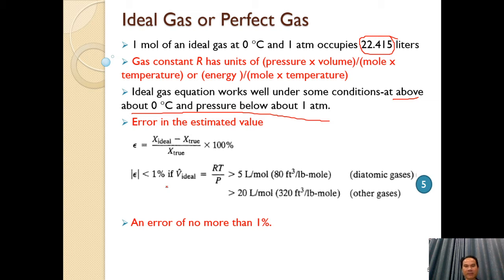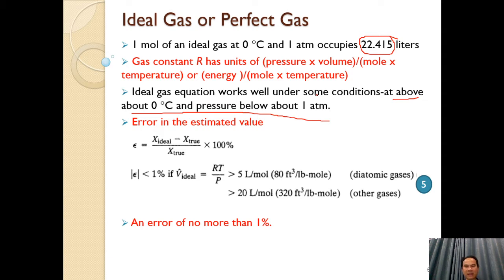That means if the ideal specific volume, V hat ideal, equal to RT divided by P, is greater than 5 liters per mole for a diatomic gas, or greater than 20 liters per mole for other gases, we can assume this is an ideal gas because the error is less than 1%.